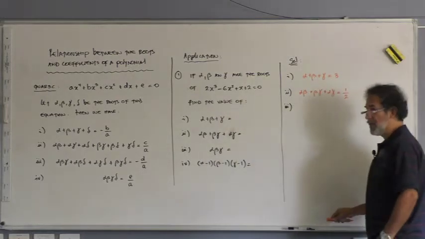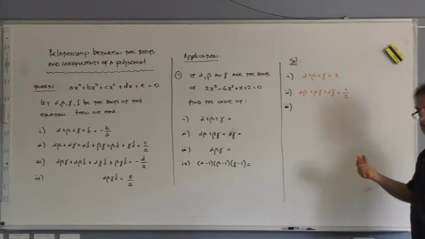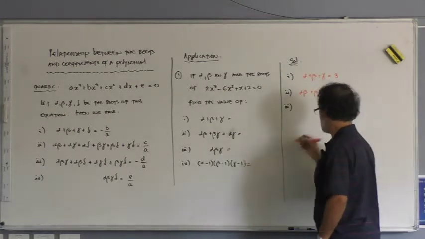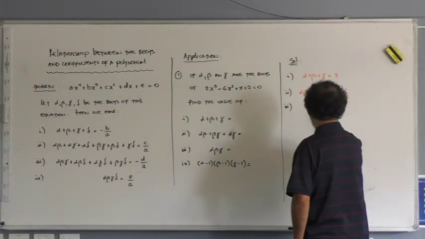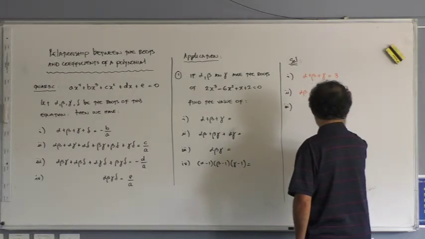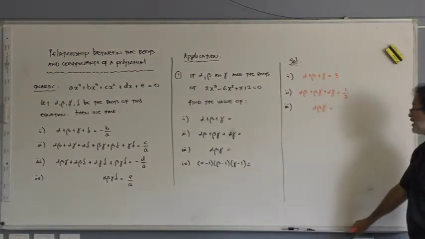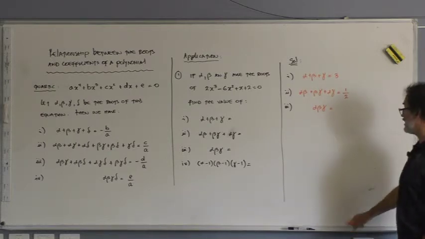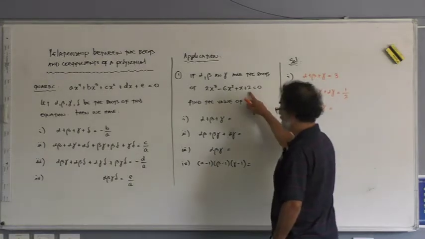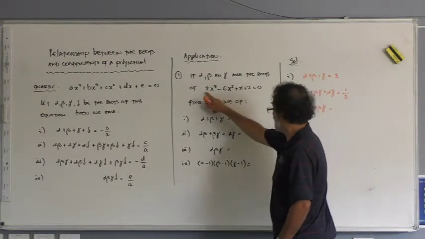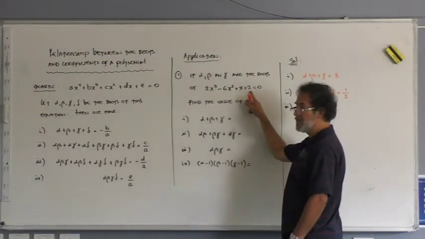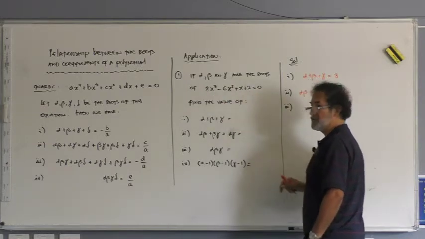Also, when you multiply all the roots together, alpha beta gamma, that is going to be equal to minus d on a. So we have a, b, c, d, and it's minus d on a.